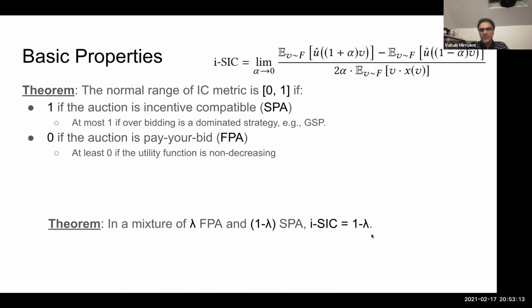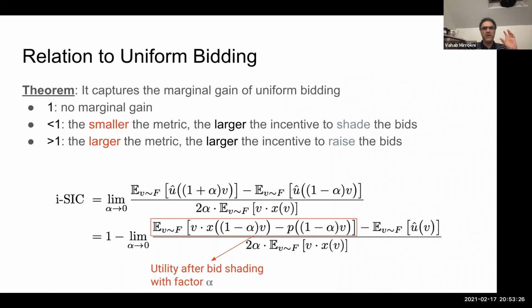So it captures the trade-off of how incentive compatible your auction is in some sense. We also find closed forms for soft floors and for generalized second price auction. We discuss some of these observations in the paper.